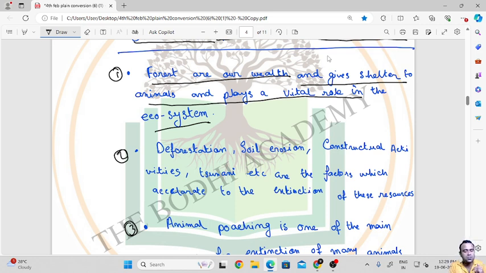So if there are no trees, there will be no herbivores alive, and if there are no herbivores alive, there won't be any carnivores, and if there are no trees and no herbivores, there will be no food for the omnivores also, which means us also. So forests play a very vital role, maybe the key role, the principal role in the entire ecosystem of the world.